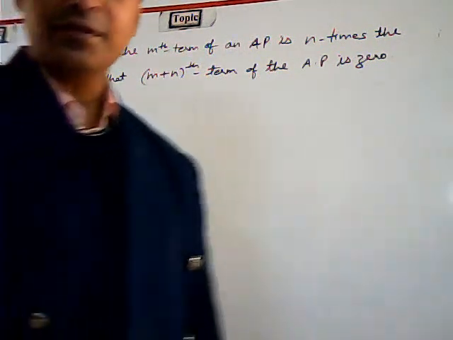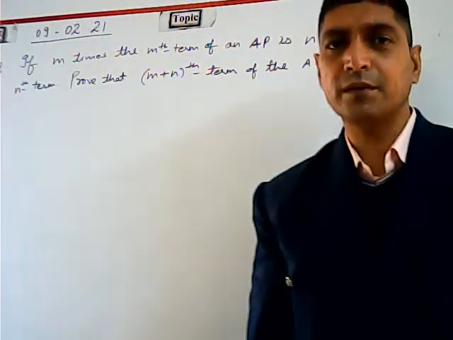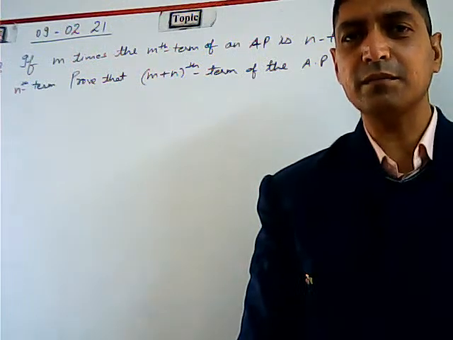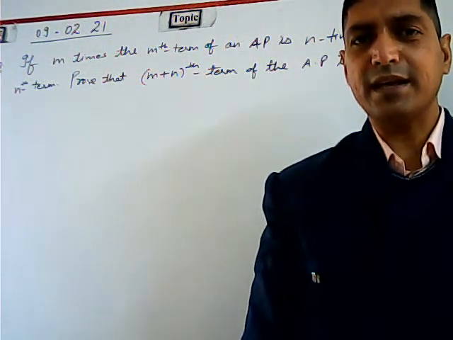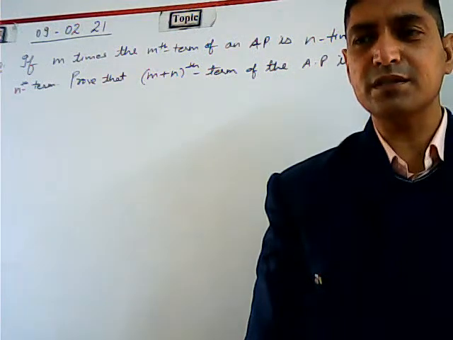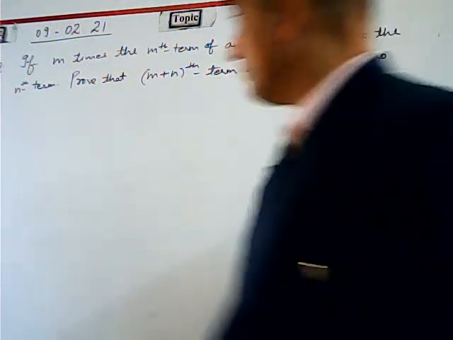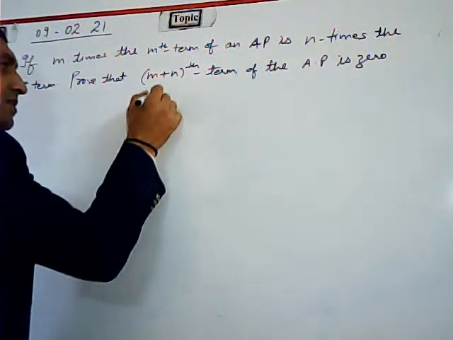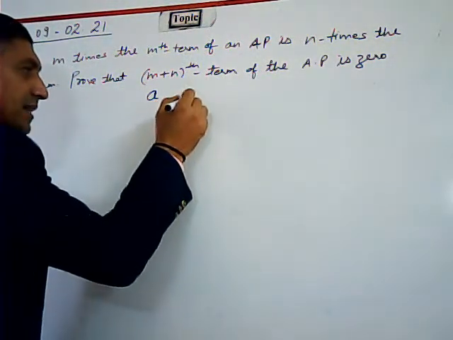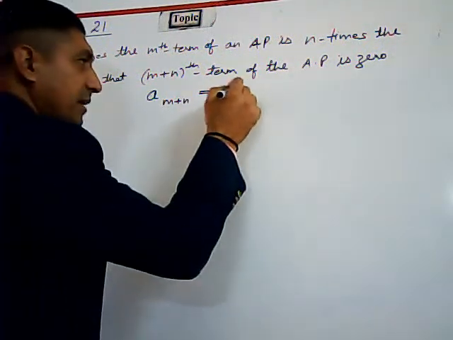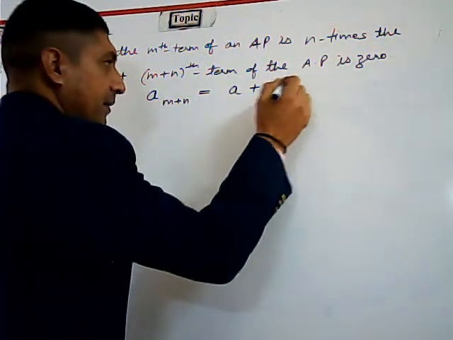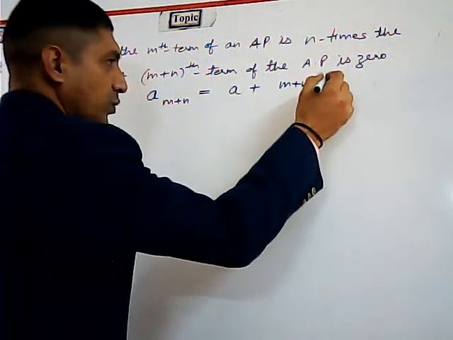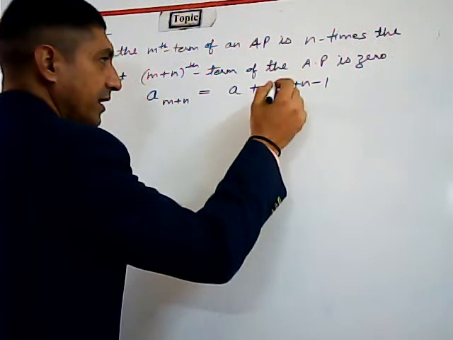Question is, if m times the mth term is equal to n times the nth term, prove that the m plus nth term of the AP is 0. So here, the m plus nth term is equal to a plus m plus n minus 1 into d, right?